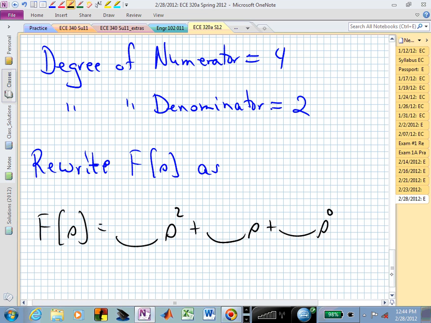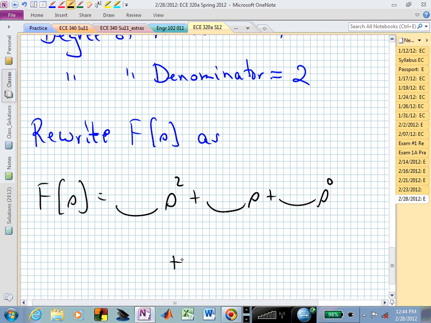And now we end up with what we want or need, which is this f, let's say, sub 1. Maybe I should have called it the numerator, sub 1, over the original denominator.